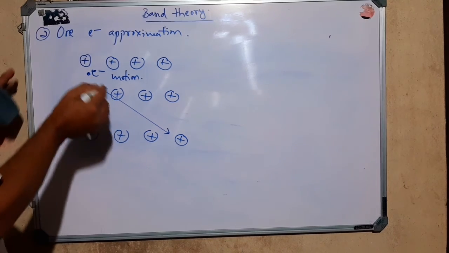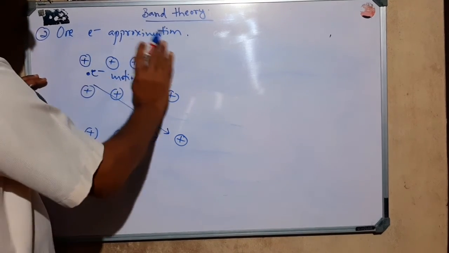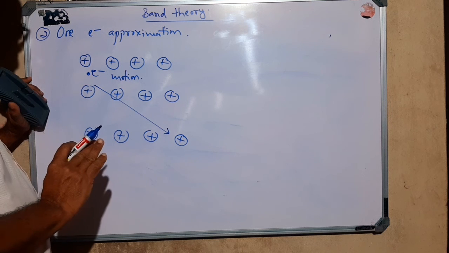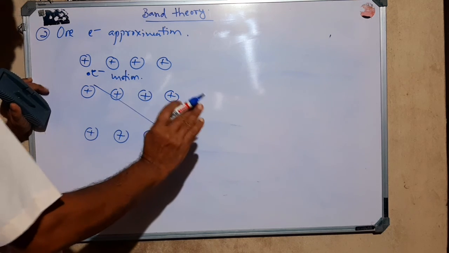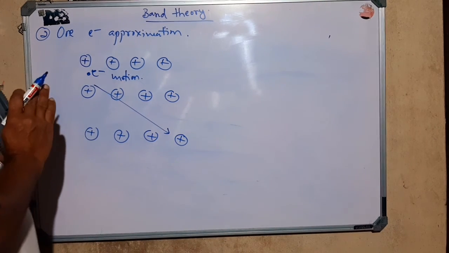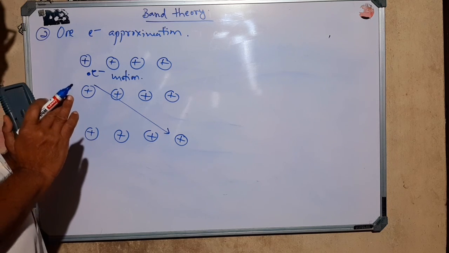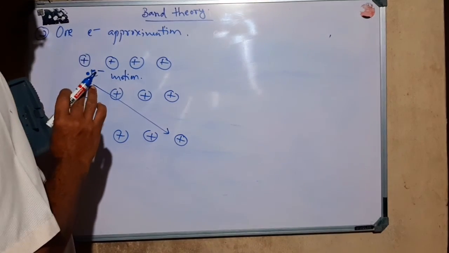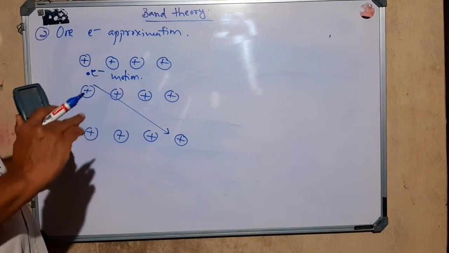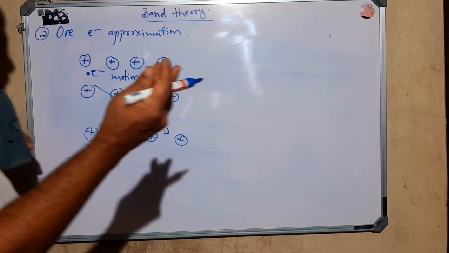Then what happens? Other free electrons are present. These free electrons influence the electron under consideration. Because of this, the energy of that electron varies.